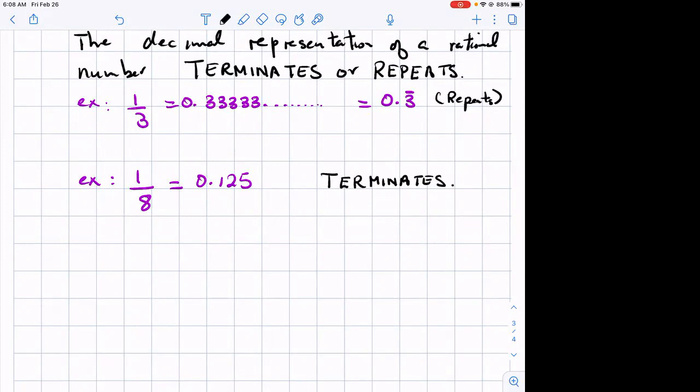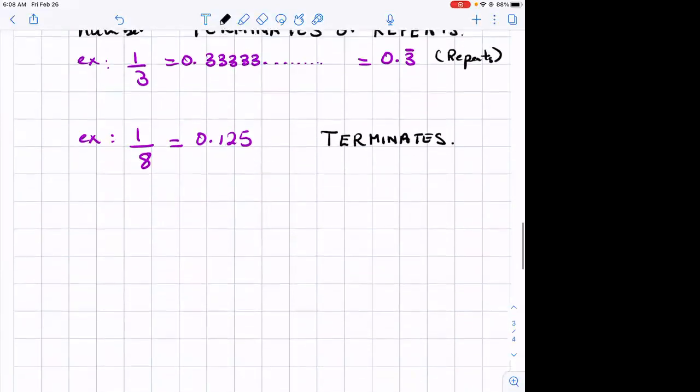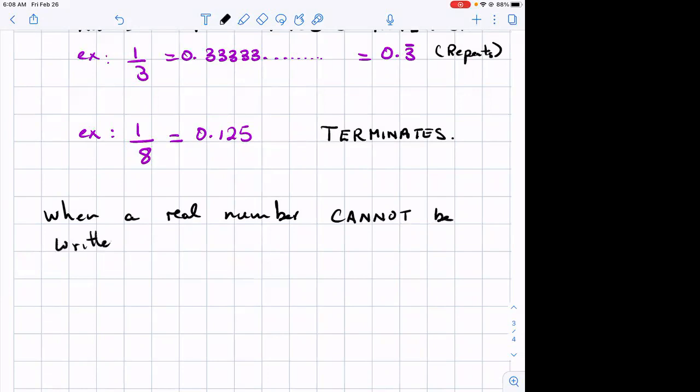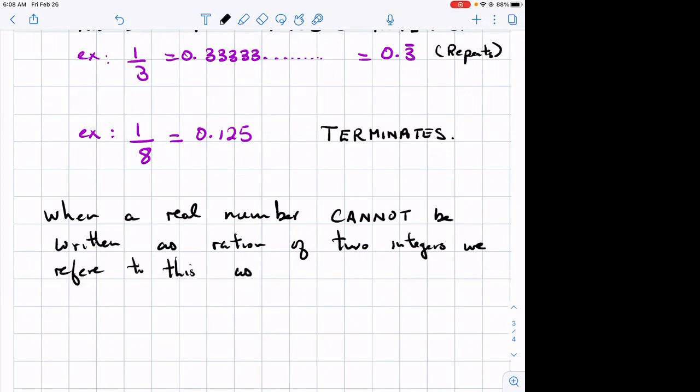Now, when a real number cannot be written as a ratio of two integers, we refer to this as irrational.